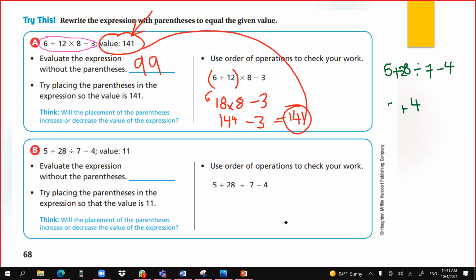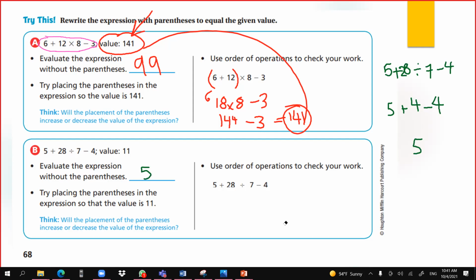Then bring down the plus and the minus 4. Then 5 plus 4 is 9, minus 4 is 5. So the answer is 5. This is the answer without parentheses.